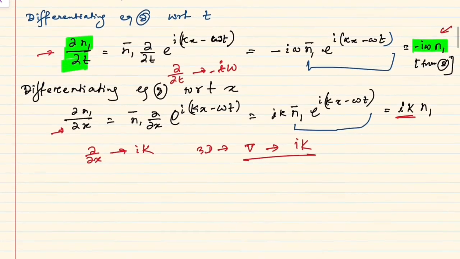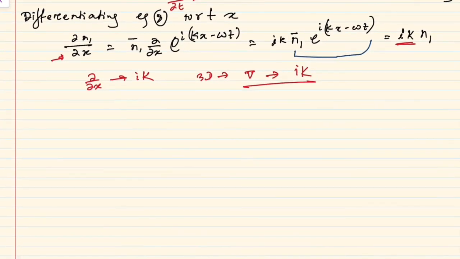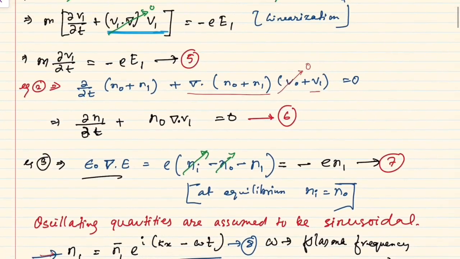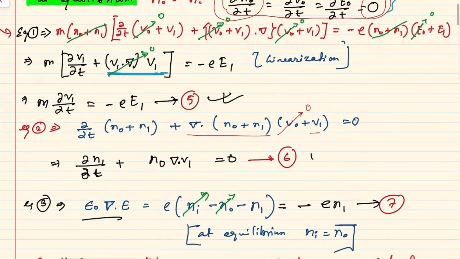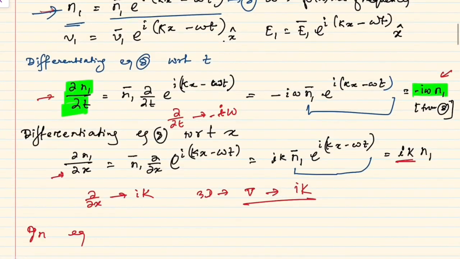So let me write, in those equations that we have got here, equation number 5, equation number 6 and equation number 7, here we will replace del/del t and this del operator by what we have got here, minus iω and ik.